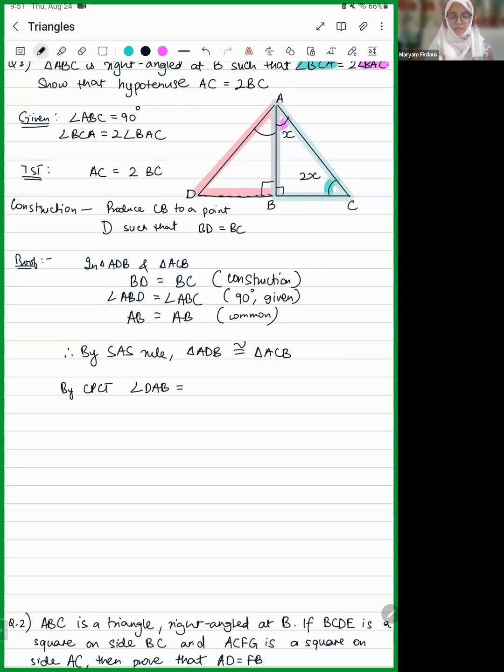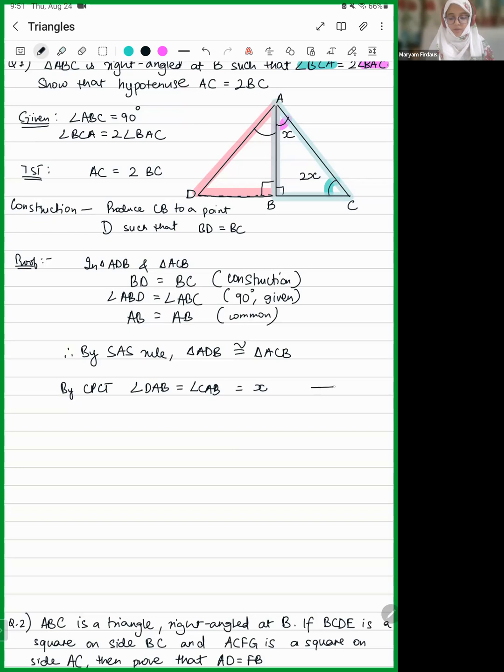So by CPCT, this angle will be equal to this angle. So DAB is going to be equal to angle CAB, which is equal to x.